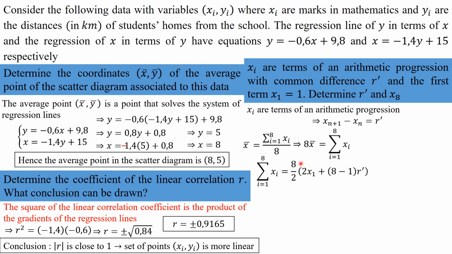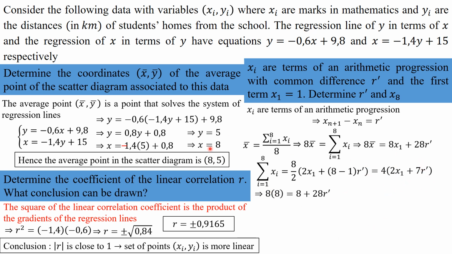So you get n divided by 2, so 8 divided by 2, times 2 times x1 plus n minus 1, 8 minus 1, times r prime, because r prime is the common difference. So 8 divided by 2 is 4, 4 times 2x1 plus 7 r prime. Now we just replace back here. It means that our 8 x bar will be equal to 8x1 plus 28 r prime, because 4 times 2 gives 8, and 4 times 7 gives 28.